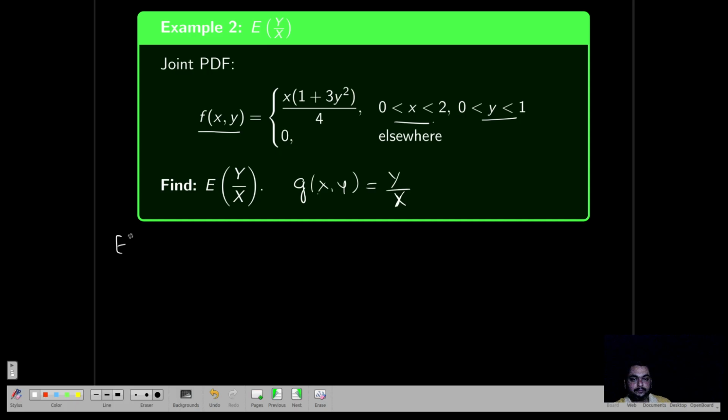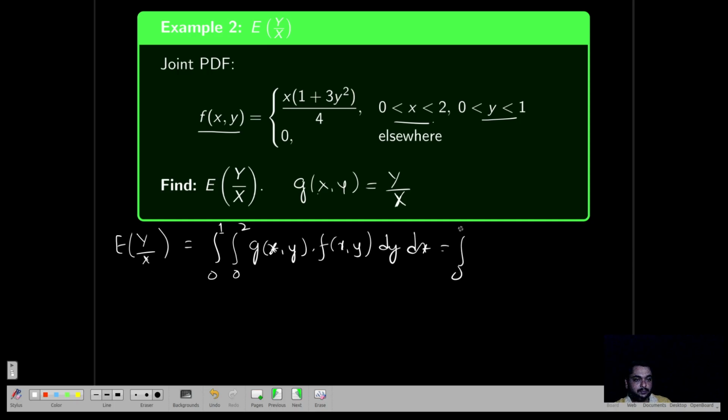So E of y by x is equal to a double integration, where x is from 0 to 2 and y is from 0 to 1, of g of x comma y into f of x comma y dy dx.